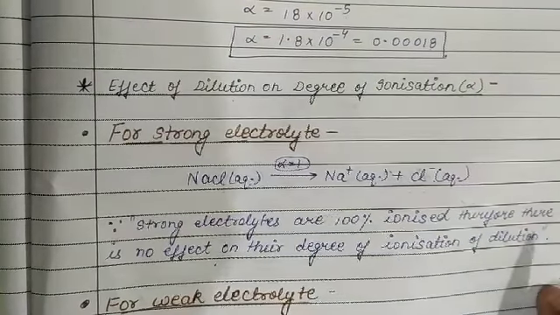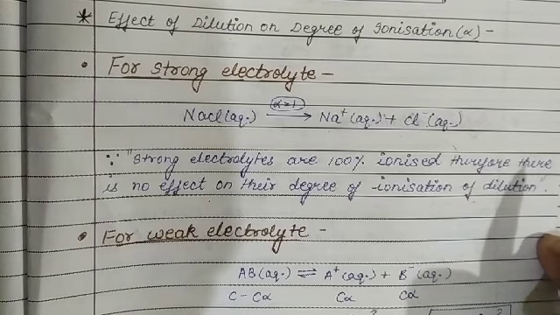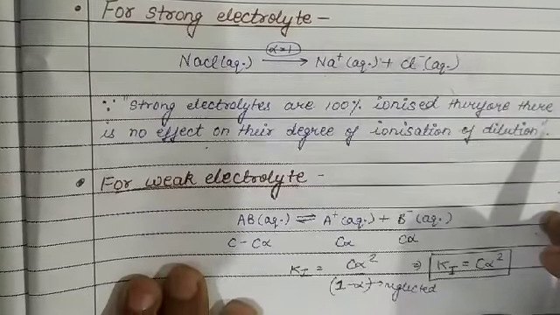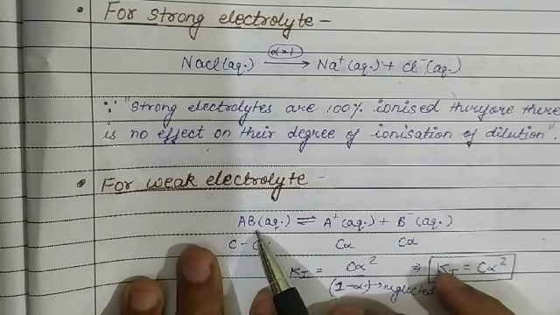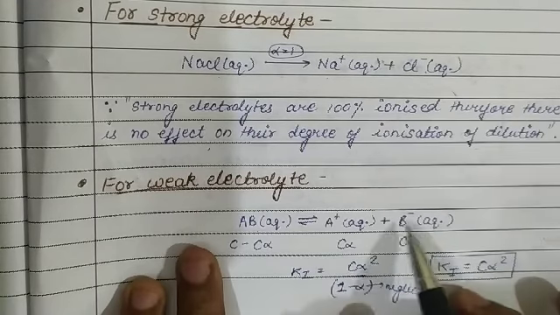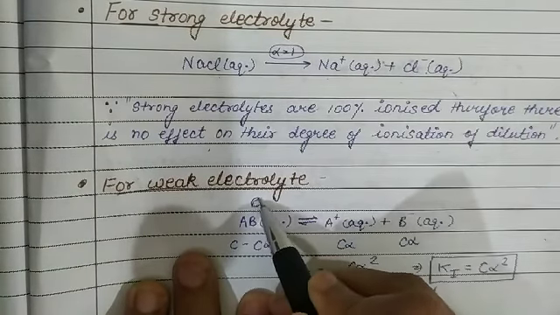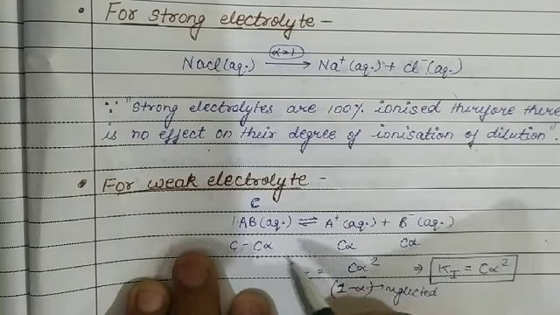Now we will see how the degree of ionization of a weak electrolyte is affected on dilution. We take an example: AB is a weak electrolyte and dissociates into A+ and B-. The initial concentration of the weak electrolyte is C, so it becomes C minus C alpha.